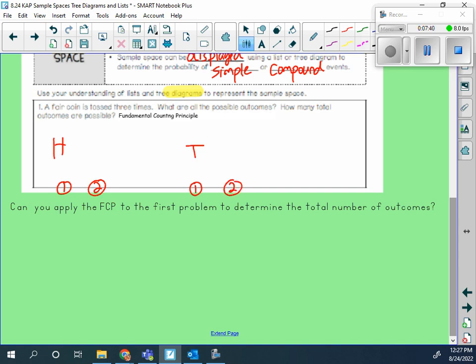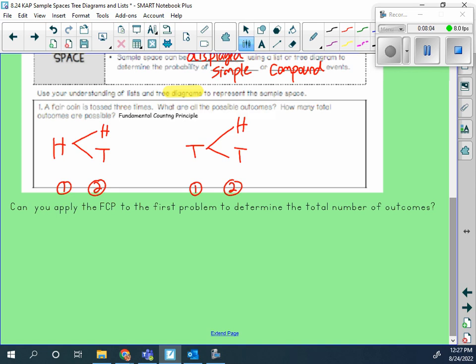Heads or tails. But I have to go back to toss 1. If I got heads on toss 1, I could get heads or tails, right? But if I got tails on the first toss, then my second toss is still heads or tails. So this should look familiar, right? Does that remind you of something already? That was the exact same one from the video.